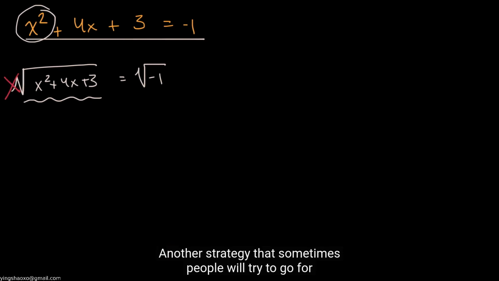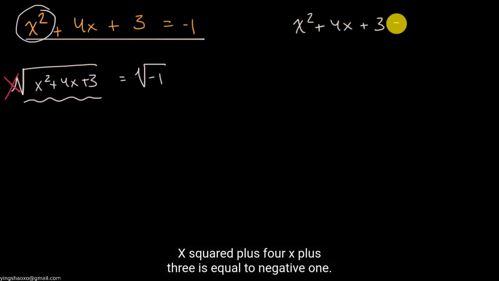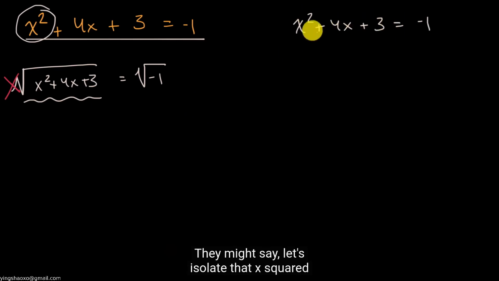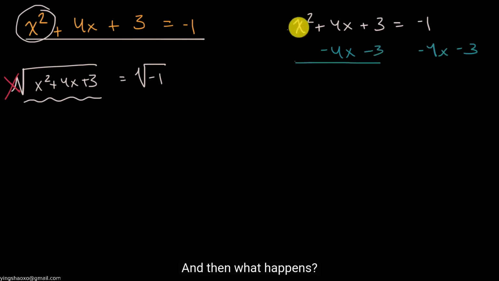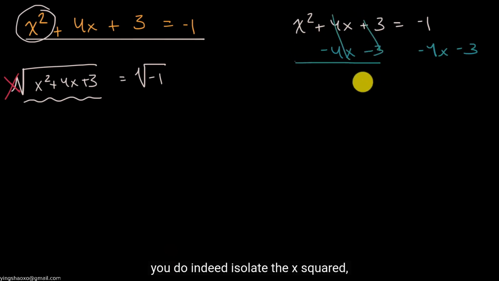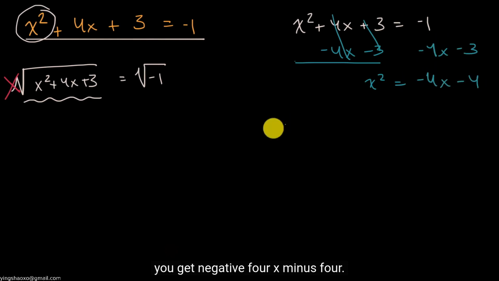Another strategy that sometimes people will try to go for is to isolate the x squared first. So you can imagine, let me just rewrite it, x squared plus 4x plus 3 is equal to negative 1. They might say, let's isolate that x squared by subtracting 4x from both sides and subtracting 3 from both sides. And then what happens? On the left-hand side, you do indeed isolate the x squared. And on the right-hand side, you get negative 4x minus 4.